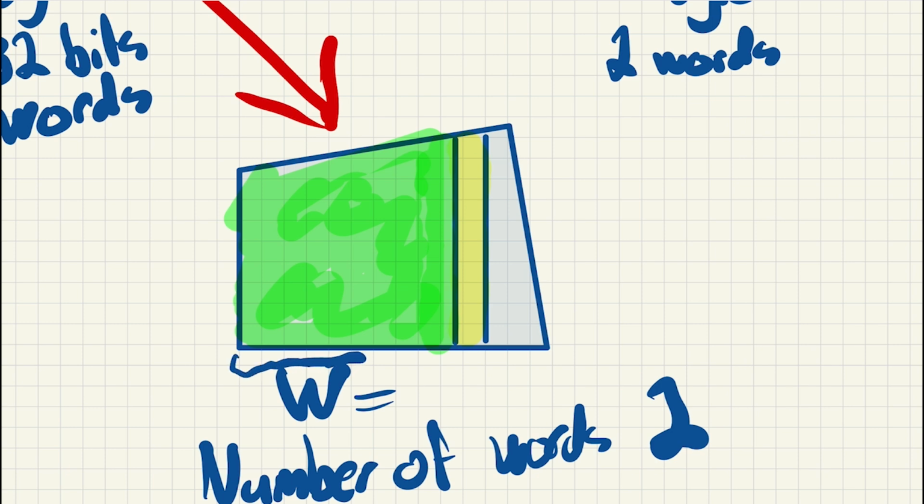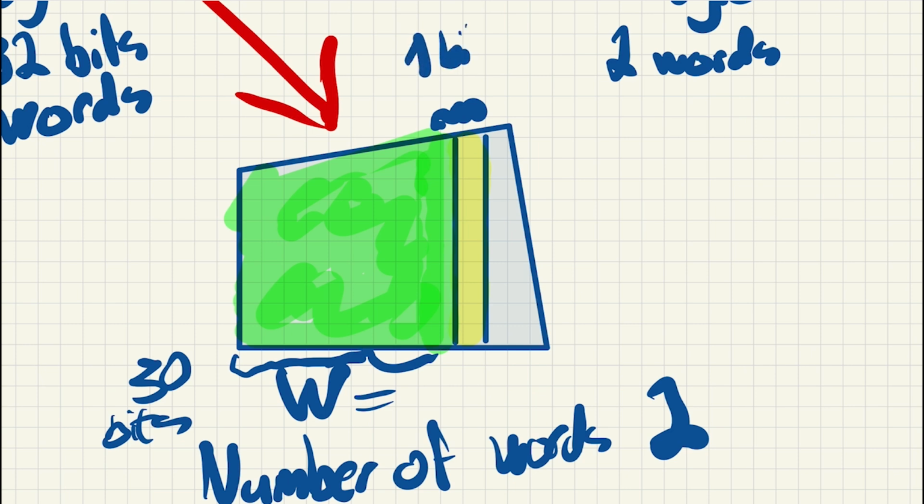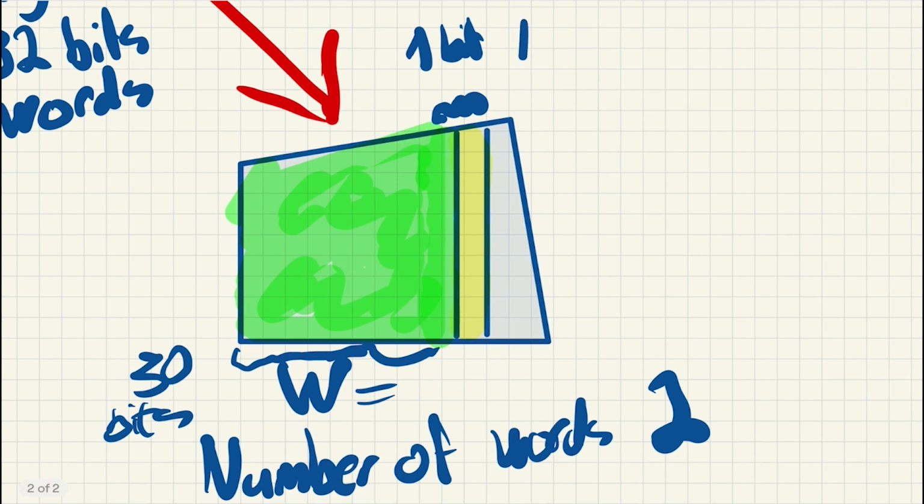This right here, the green part, is 30 bits. Then we have this, which is 1 bit, and this is a boolean which I call allocated.